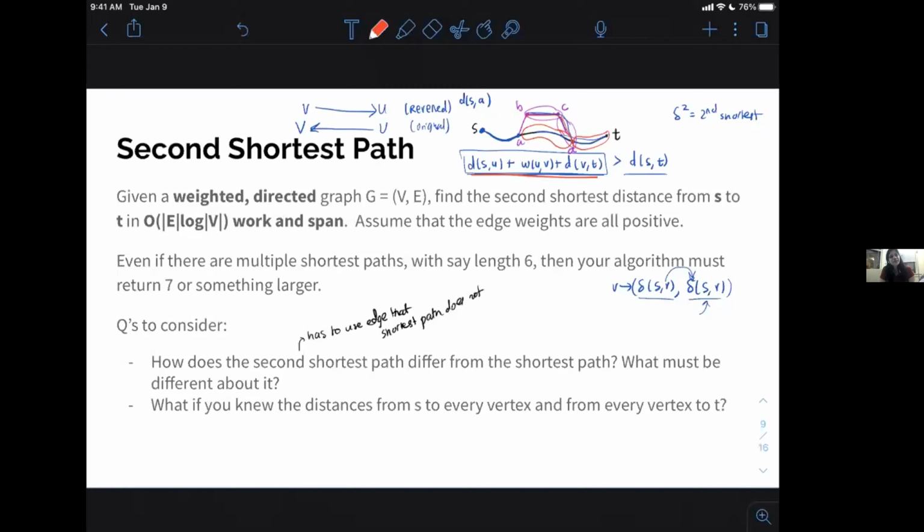I think it doesn't work if the shortest path from S to T contains all the vertices. That's definitely possible, right? Okay, that's a good point. I'm going to move on to the next problem in the interest of time.